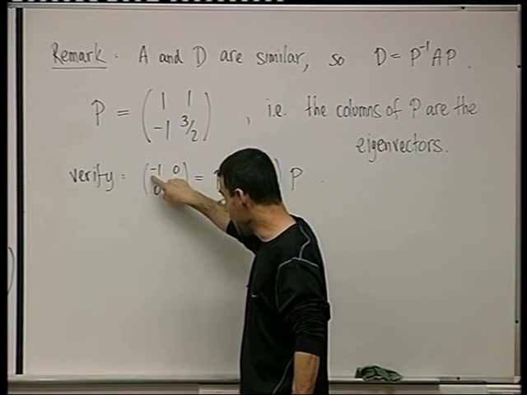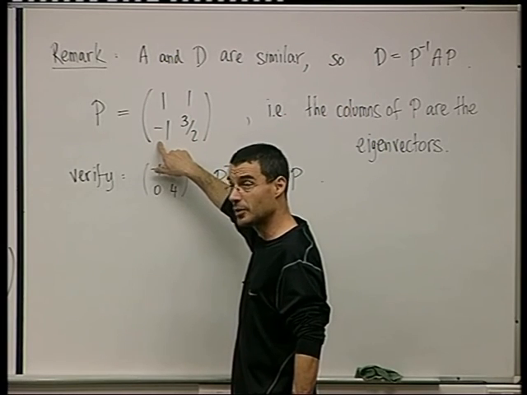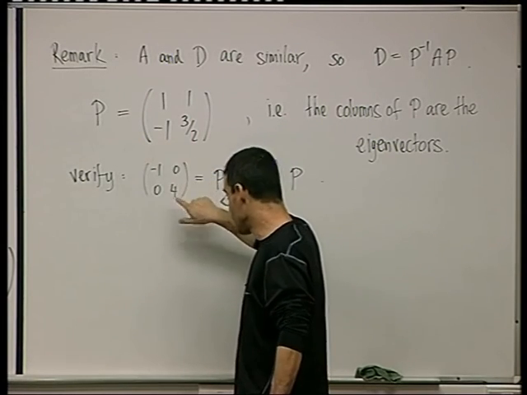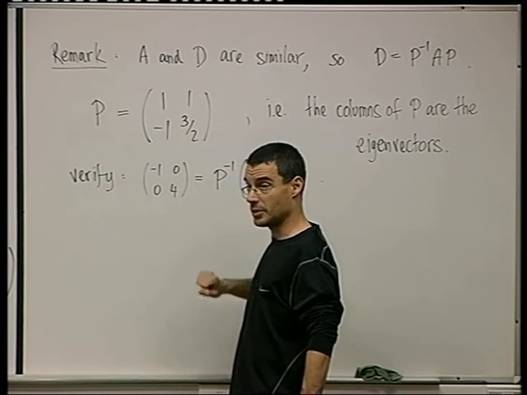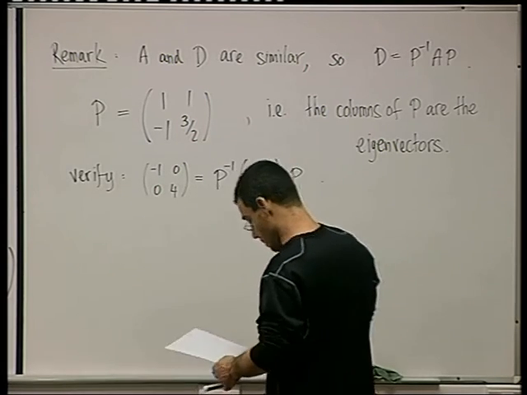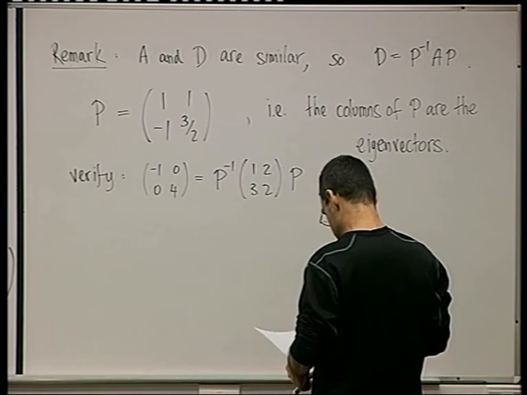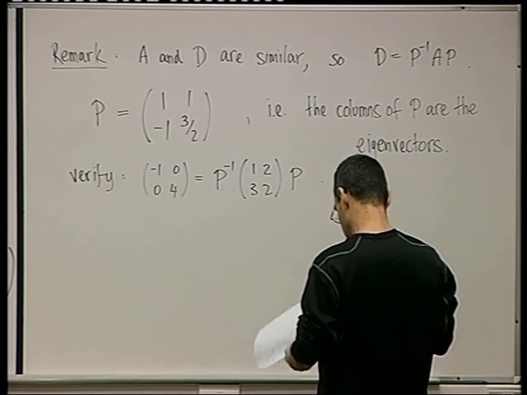So if you took -1 first, you need to take the corresponding eigenvector as the first column. And you took 4 second, you need to take its corresponding eigenvector as the second column. Okay, good?